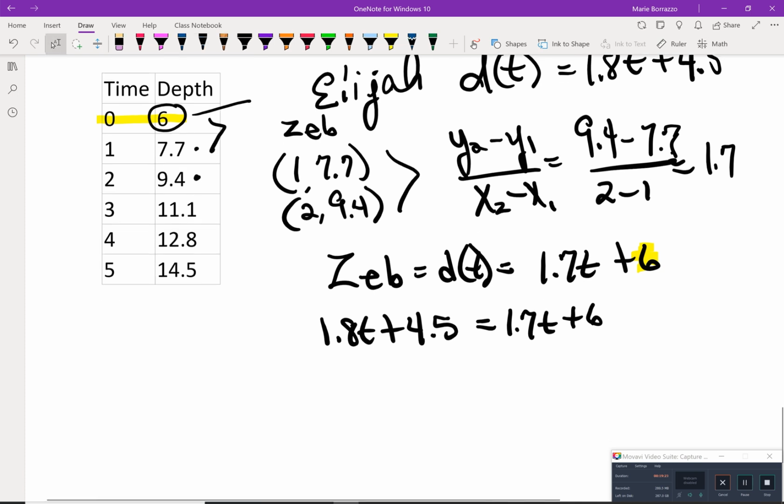Now, let's subtract 4.5 on this side and this side, always in balance. And I'm also going to subtract the 1.7 t over here.